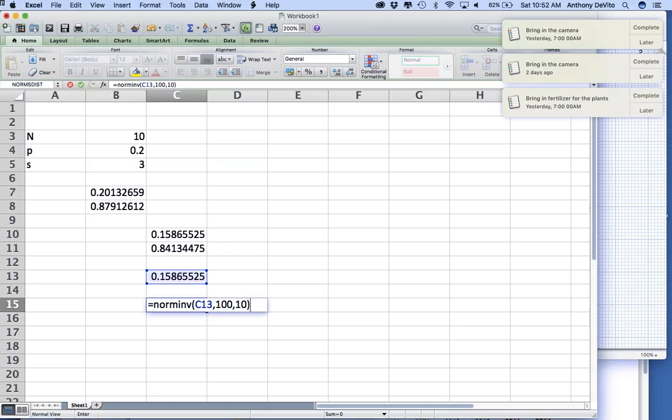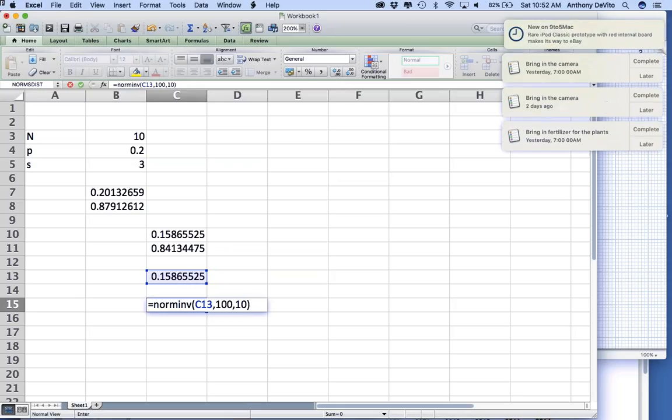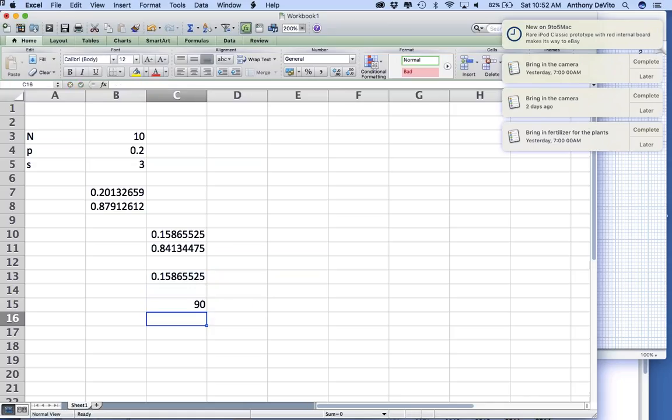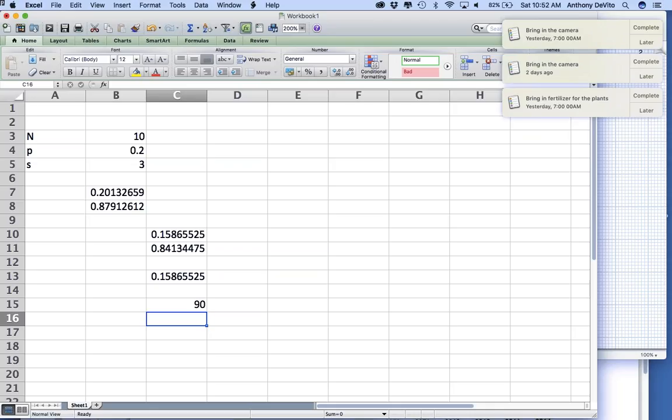You give it the area, 15.865, and the mean and the standard deviation. It'll take the area and turn it into the number that represents that area, 90. So the value 90, with mean 100, represented the area that we just picked out.